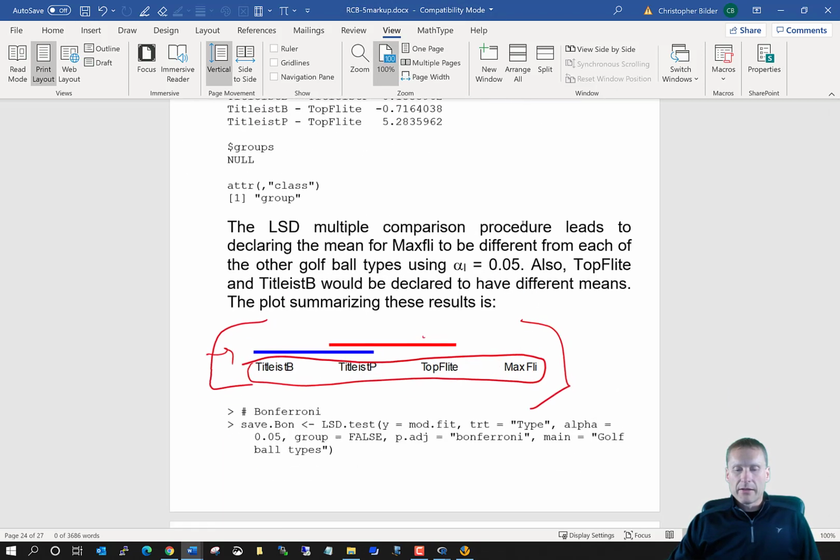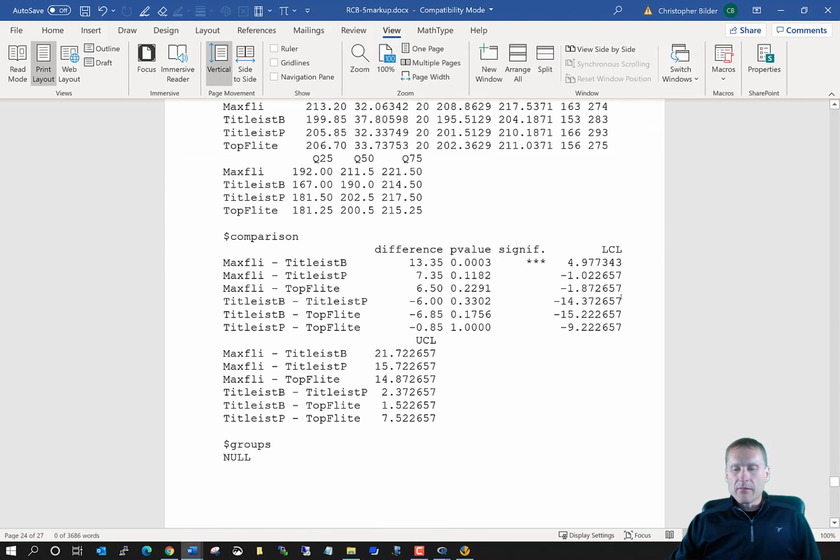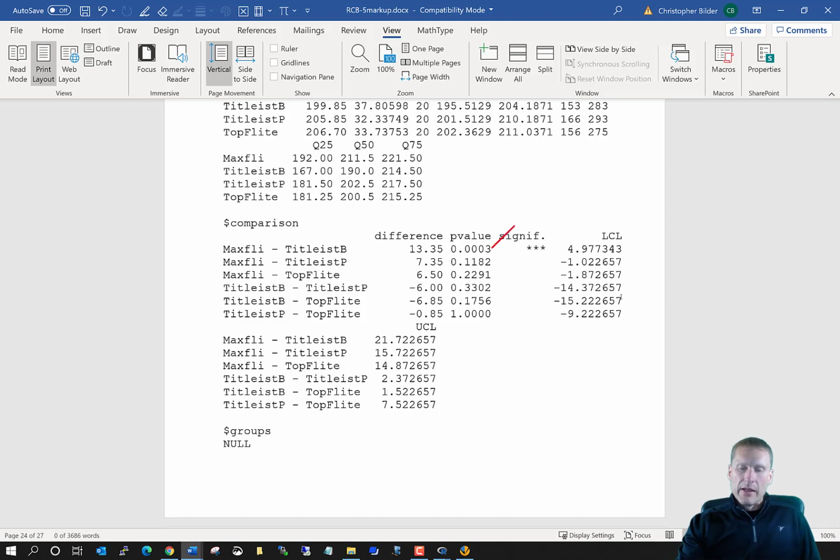Okay, let me go back. To do the Bonferroni procedure, we use the exact same function, but now we say p.adj equal Bonferroni. Here's our p-values. Again, Max Fly and Titleist B. And in fact, that's the only one where there's sufficient evidence that the two population means are different.